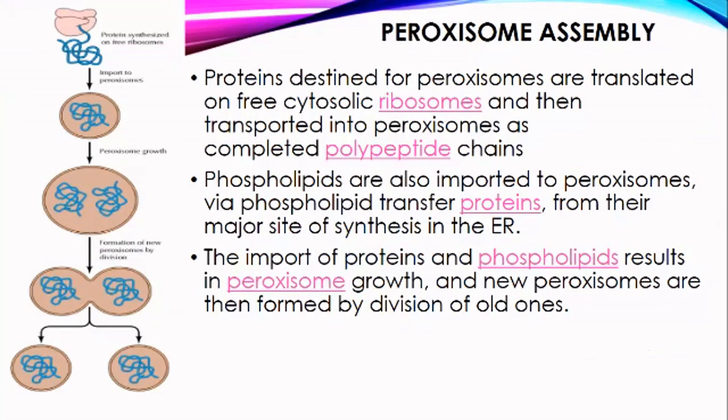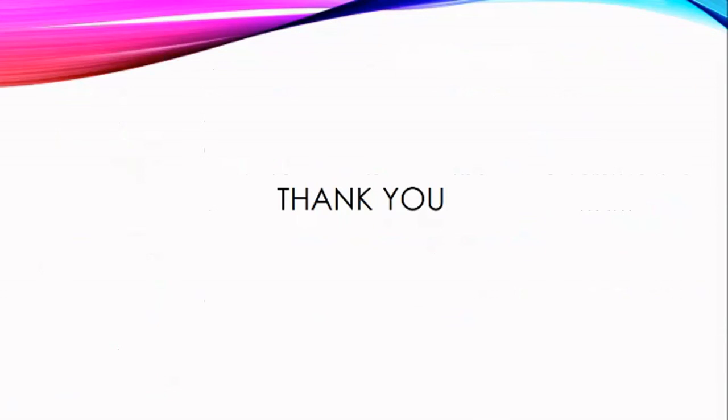Now, the peroxisome will divide. This will help them develop new organelle by binary fission. So this will enable the peroxisome to grow. So by binary fission. So that's all. Yun lang kasimple ang peroxisome.